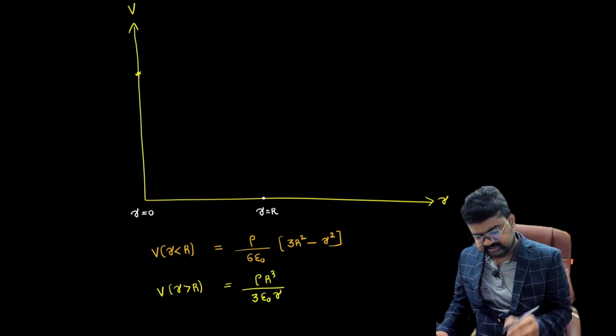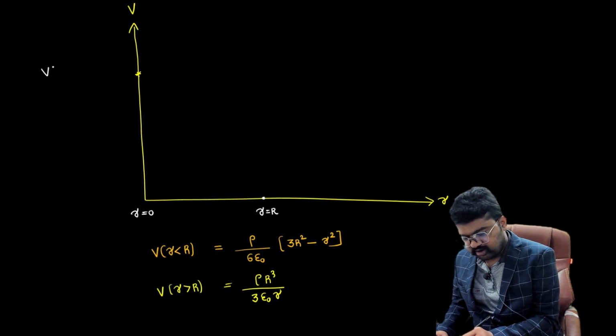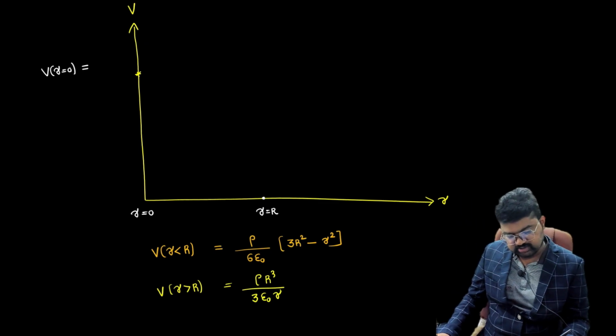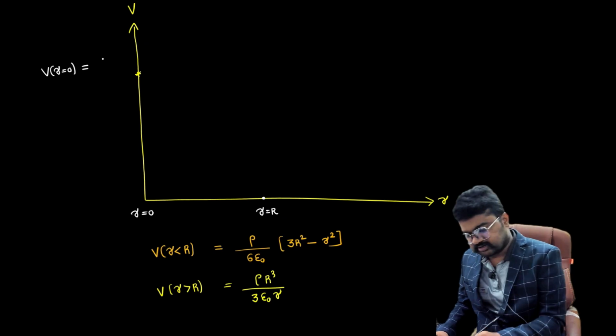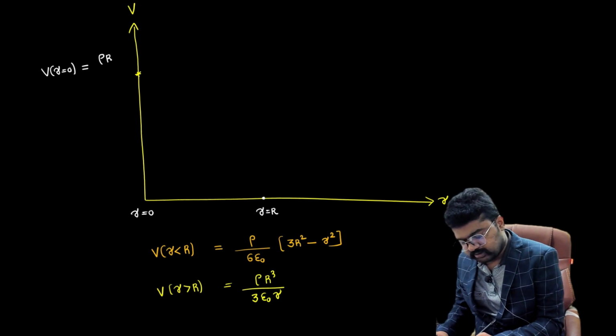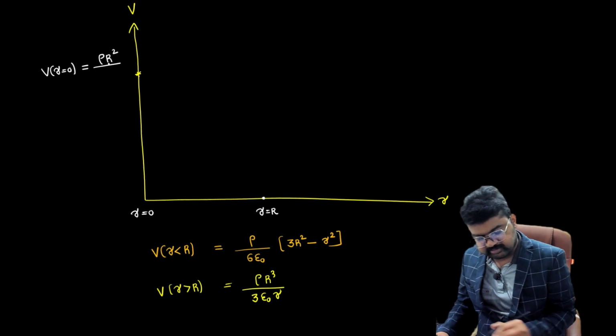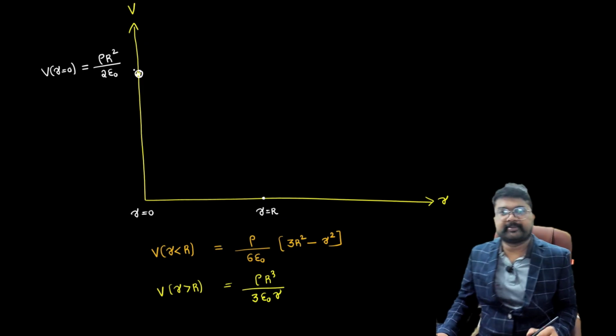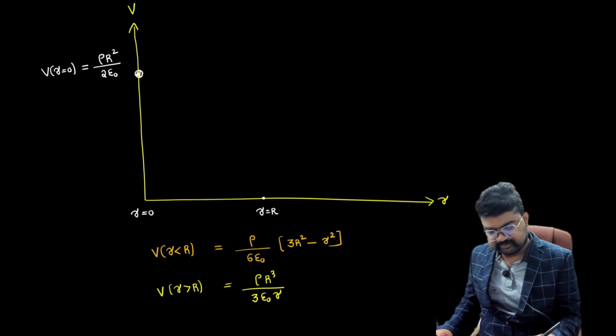So in this case put r equal to 0. Then rho times R square by 3, 2 times epsilon naught. That means the graph should start from here.